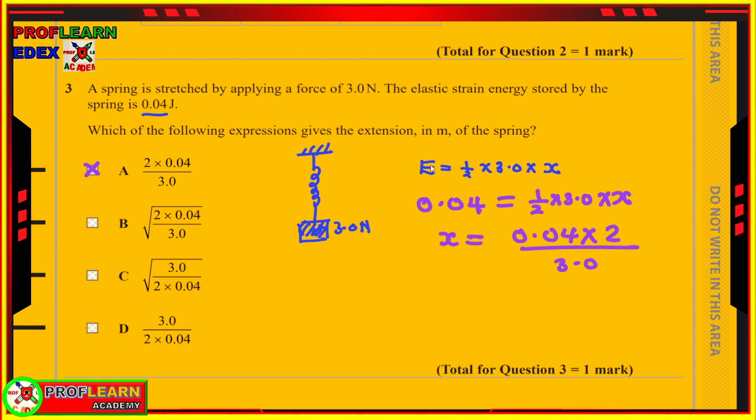For you to work out elastic potential energy in a stretched material, you're going to use the formula E equals a half Fx, or another formula you can use is E equals a half k e squared. For this case, we're going to make this formula here, and if you work it out, the answer should be A.